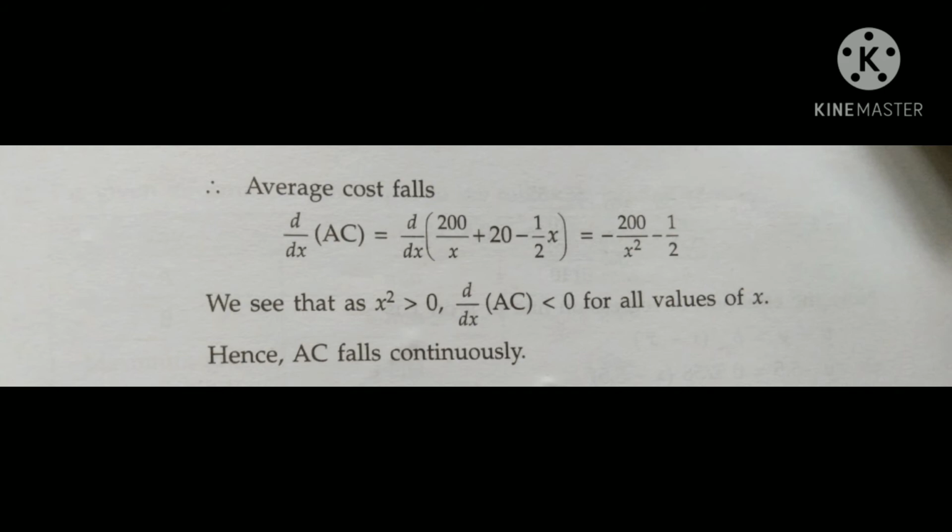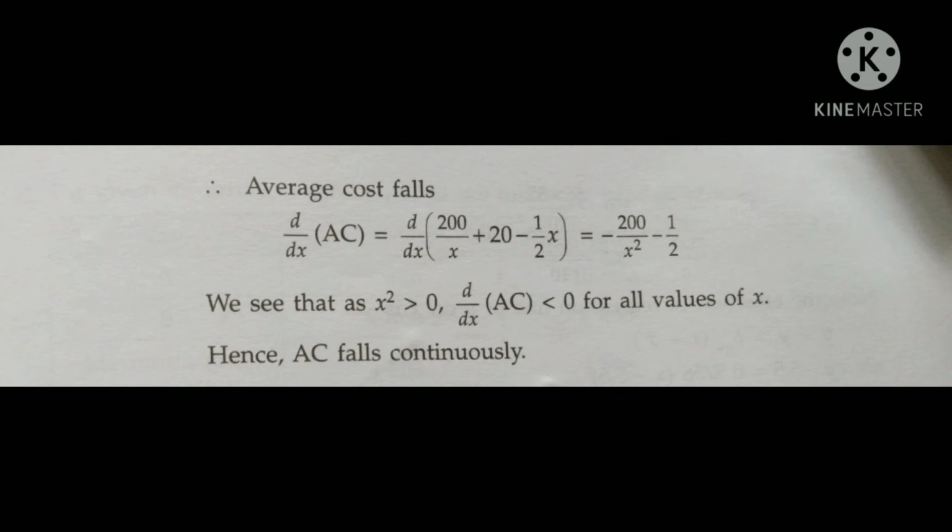So minus 200 by x square minus half is always a negative number for any real number x. So we may say that average cost falls continuously for any values of x, that is, average cost is continuously decreasing.